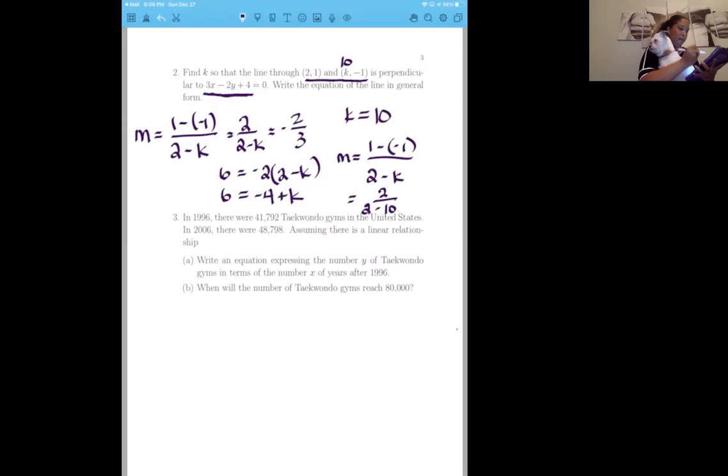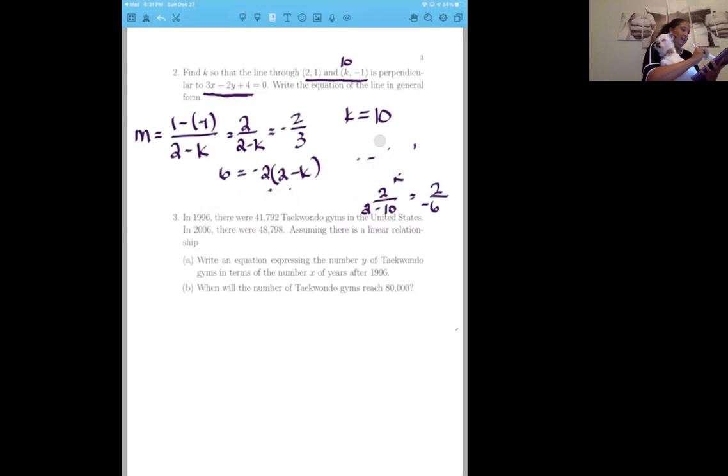Oh, maybe we're okay. All right, so this gives me 2 over negative 6, which is still not what we want. That gives me 1/3.